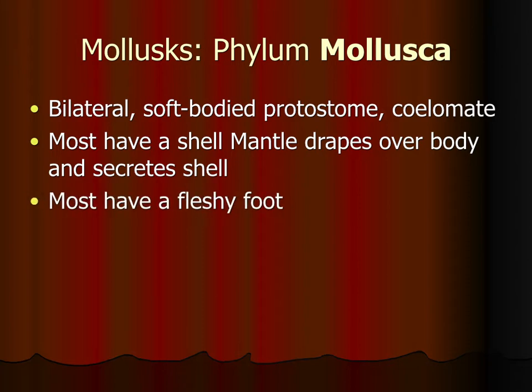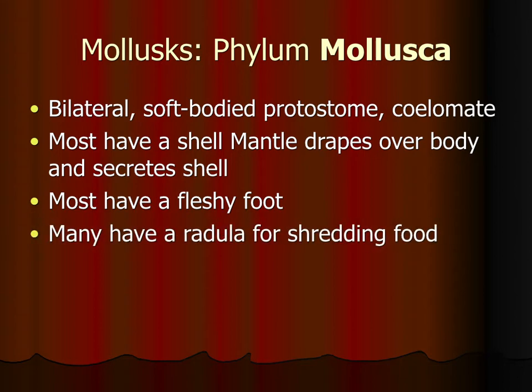Most have a fleshy foot, which is going to be used for moving around and feeding, and the radula is going to be used for shredding food. As they eat, it helps them to shred up the food.